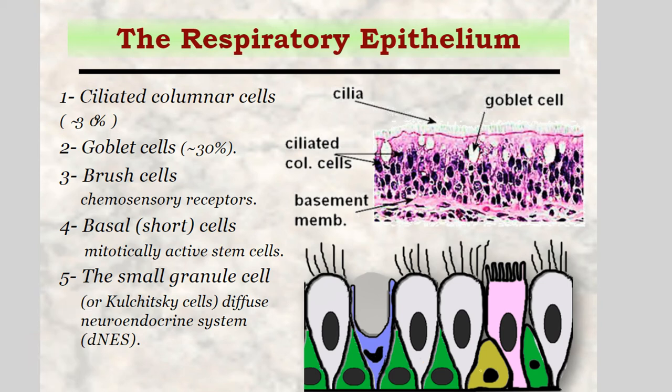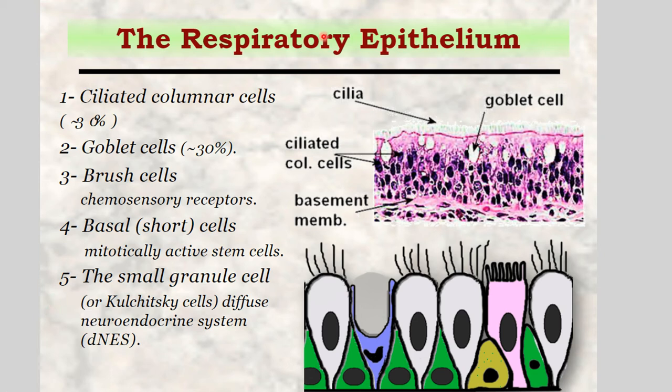For example, this cell consists of multiple granules, which are called Kulchitsky cells. So this is the small granule cell which resembles the basal cells, and finally we have the basal cell, which acts as a reserve cell or stem cell.